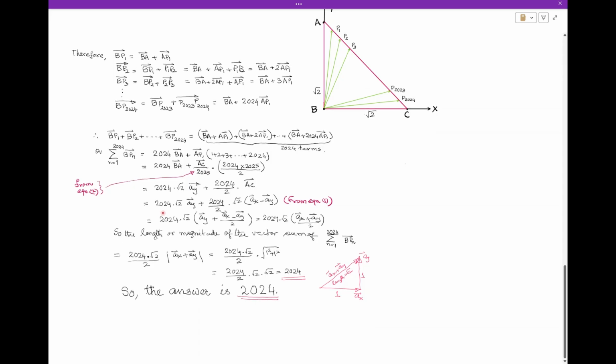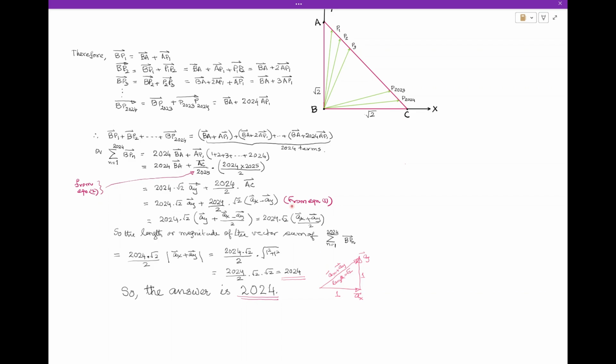And that is equal to 2024 multiplied by root 2 vector AY plus 2024 by 2 multiplied by root 2 into vector AX minus AY. Why is this so?